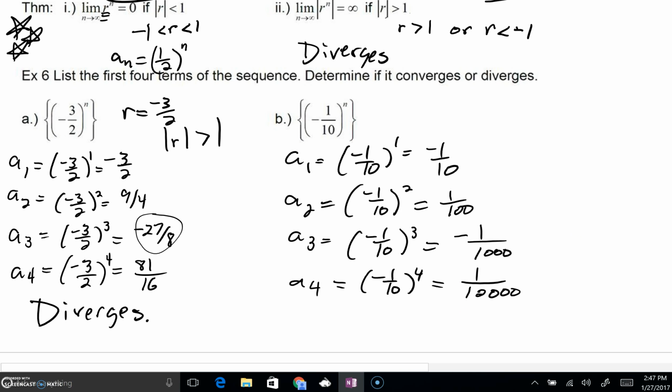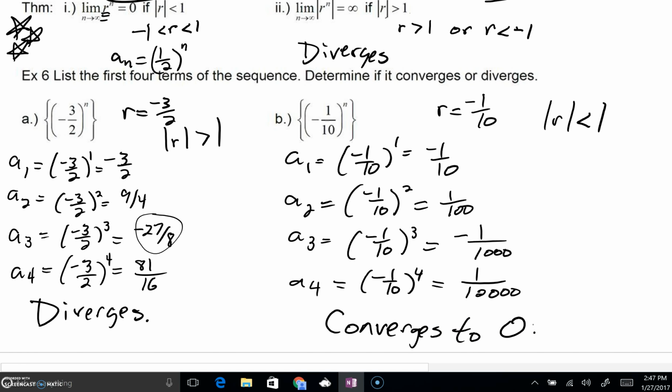And looking at that fraction, ignoring the negative sign, you're getting smaller. That denominator keeps getting bigger. What's your r here? Your r is negative 1/10. Your absolute value of r is less than 1. You converge. It converges to 0. Even though you're bouncing between positives and negatives, you're getting so small over time that you just get closer and closer to that value of 0.